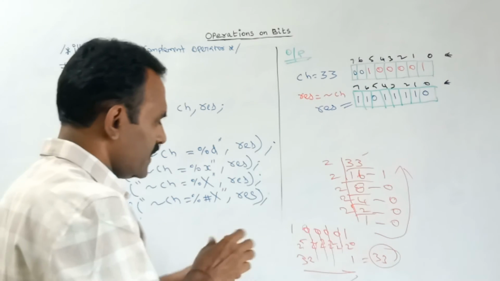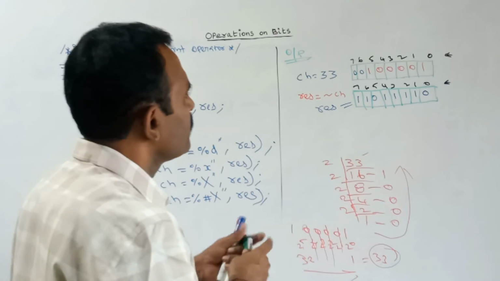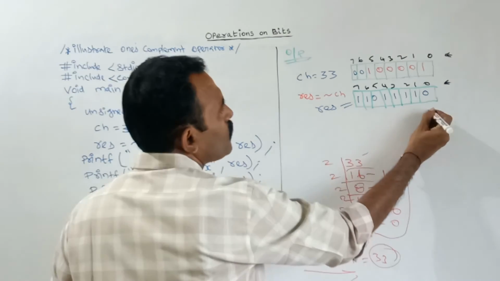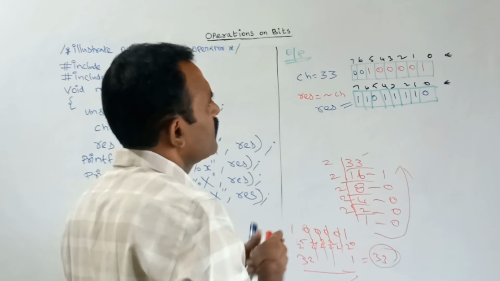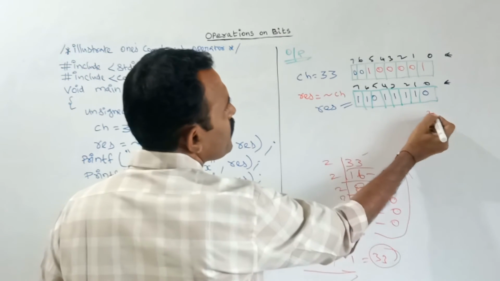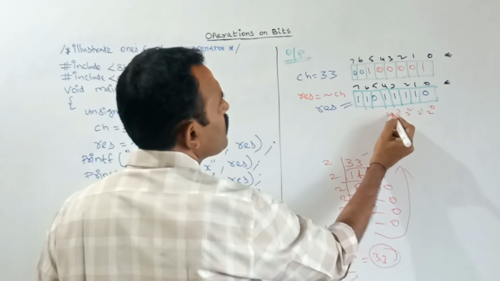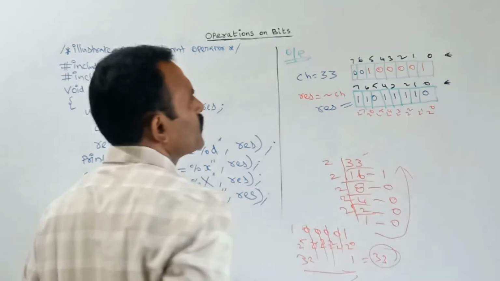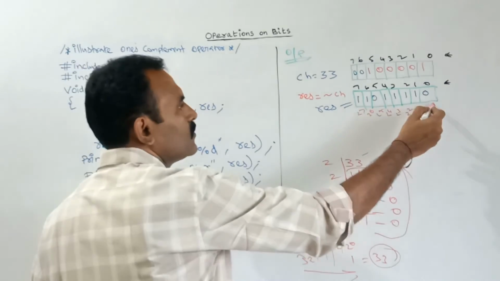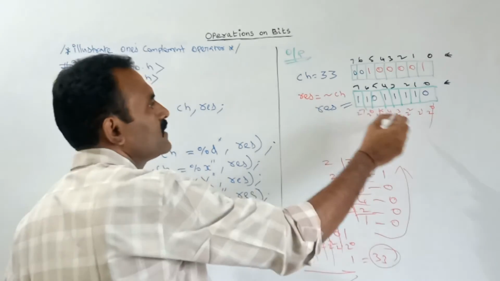If you convert it into the decimal value, you take 2 to the power 0, 2 to the power 1, and so on up to 2 to the power 7. If the bit is 0, we need not find it, because anything multiplied with 0 is 0.